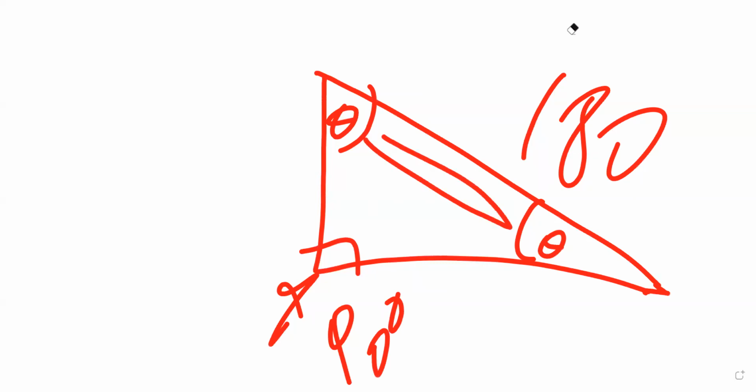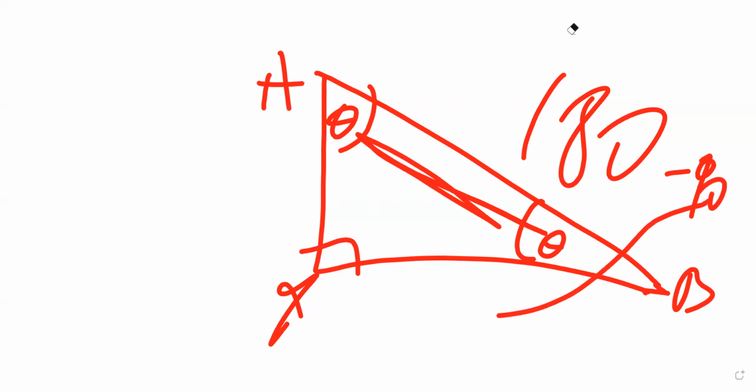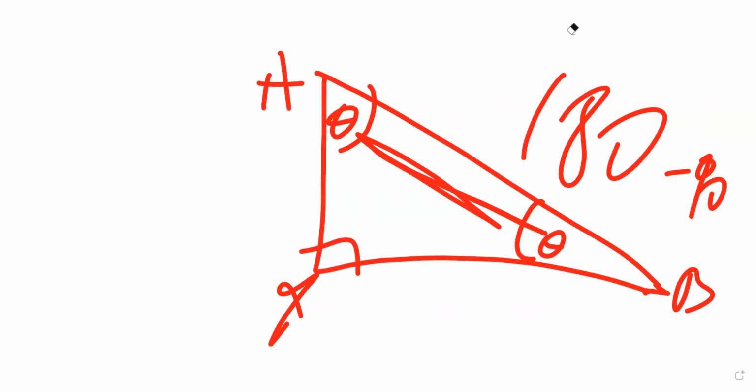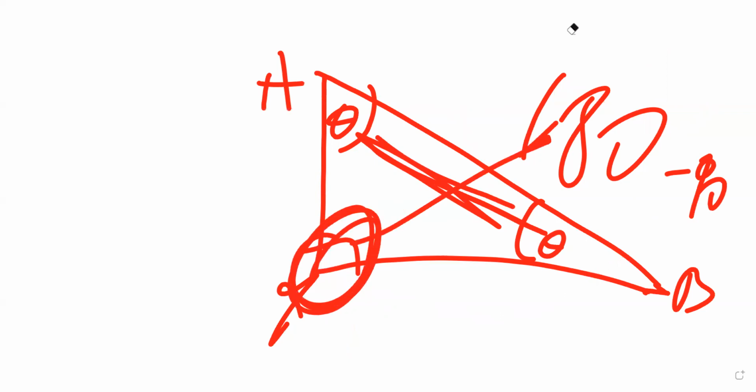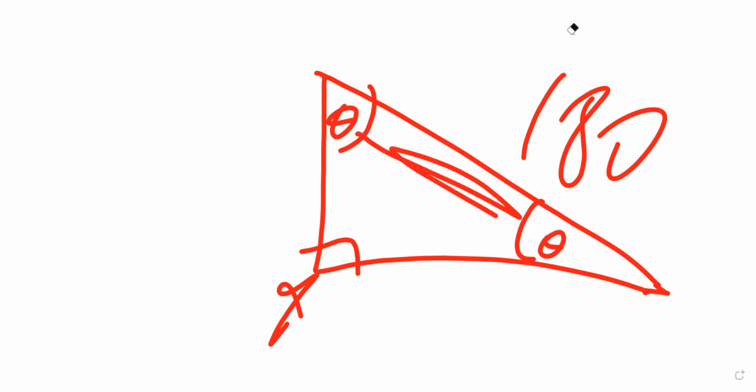If we were to find the degrees of these two missing angles, let me call them A and B, then these two must add up to give you the remainder after taking away this 90 from 180, which is 90. That 90 degrees is shared between these two. And so the idea is that these are complementary angles.